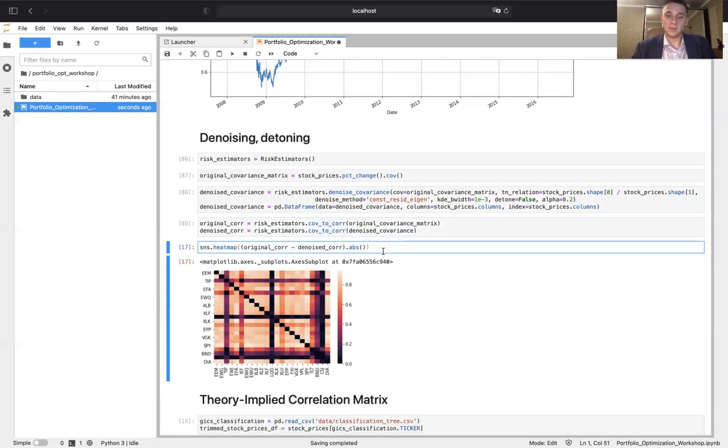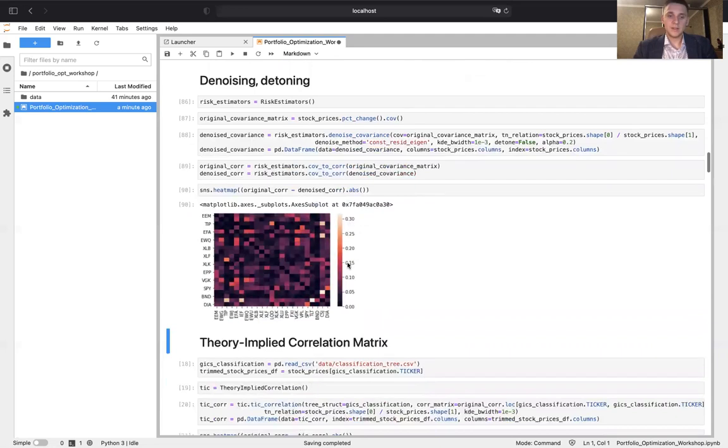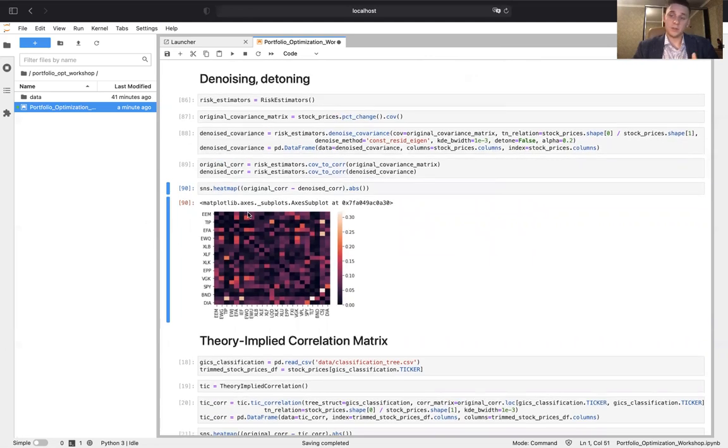That's what we actually do. We plot the heat map of absolute differences between our original correlation matrix, which was constructed out of our covariance matrix, and our denoised correlation matrix, which was created from the denoised covariance matrix. As you can see here, there are pretty serious differences in the denoised covariance matrix.